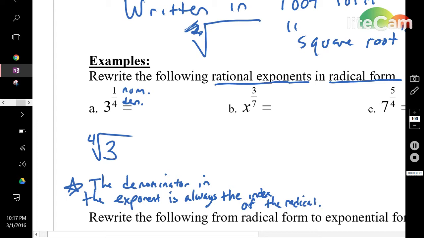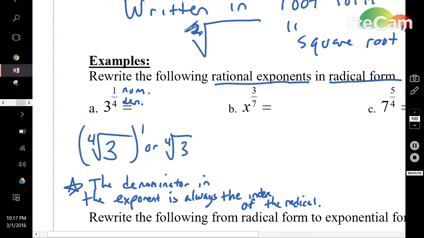The numerator is what the entire radical is raised to. In this case, the power is 1, so you could write it like that, or since it's the power of 1, you could just write fourth root of 3. And be done.